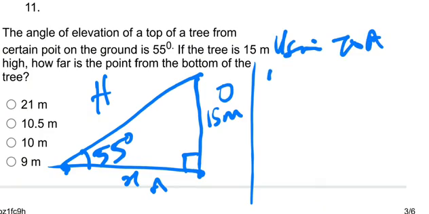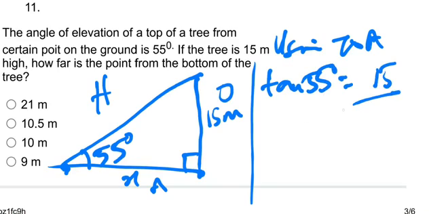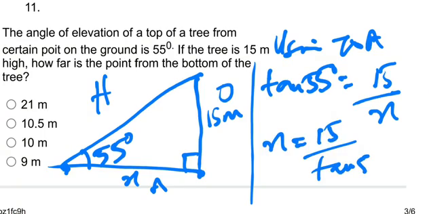That means tan 55 degrees equals opposite, which is 15, divided by adjacent, which is x. When you cross multiply, x equals 15 divided by tan 55, and x will then be equal to 10.5031. So approximately 10.5. That's the answer there.